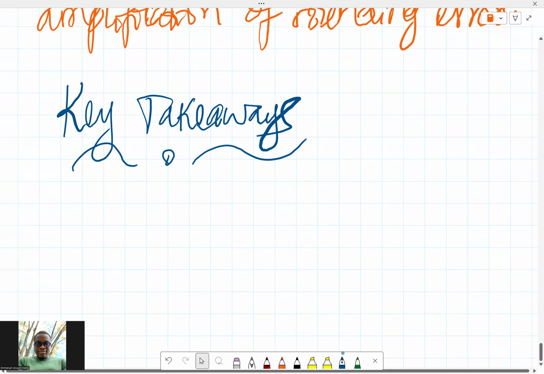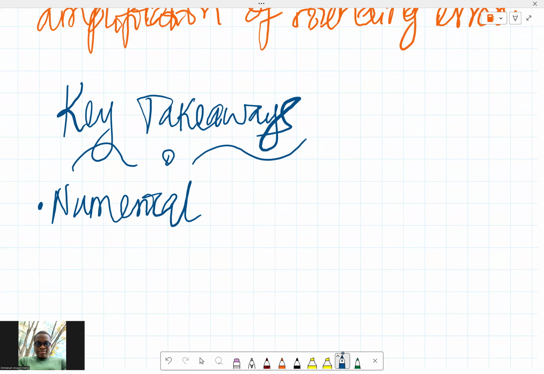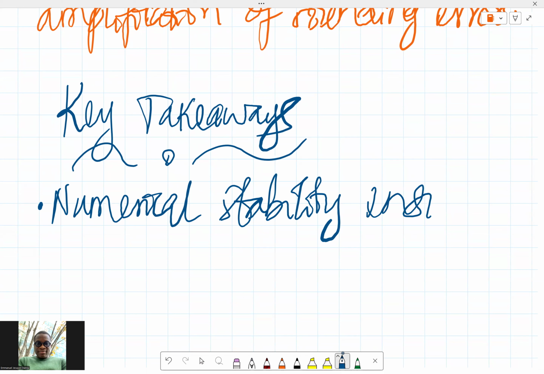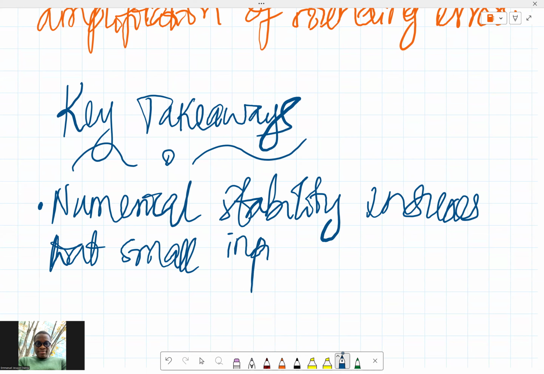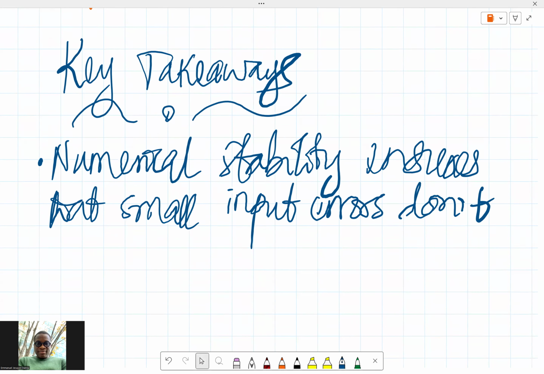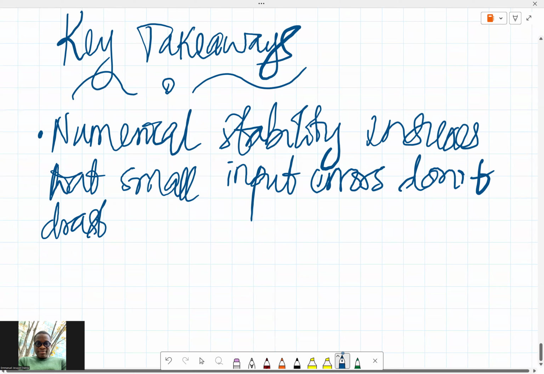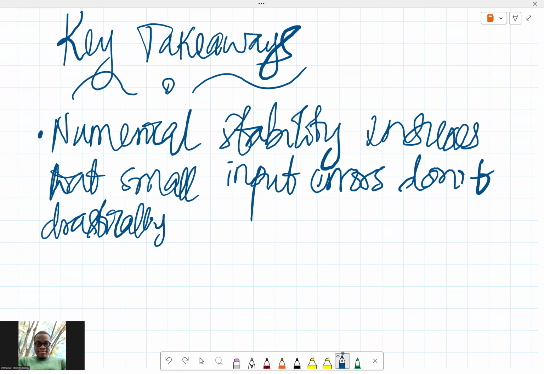The first thing is that numerical stability ensures that small input errors don't drastically affect the result.